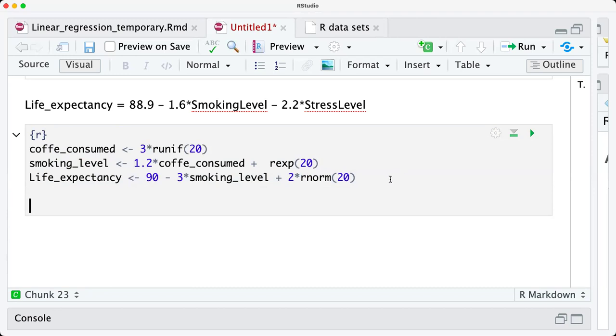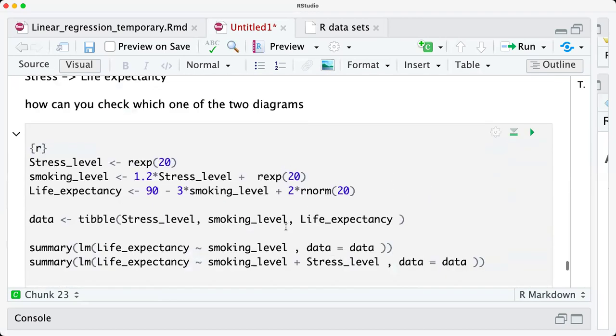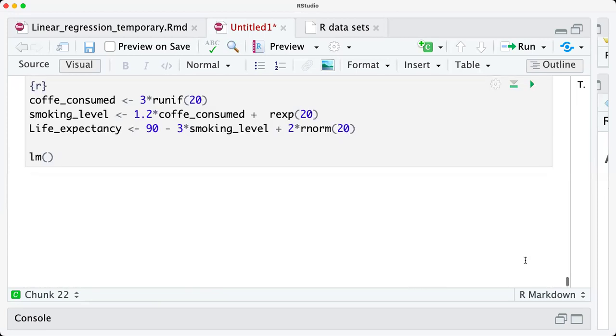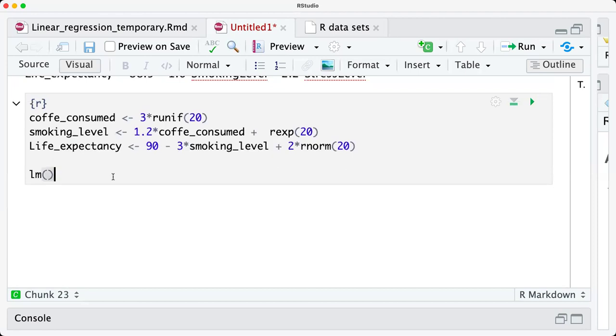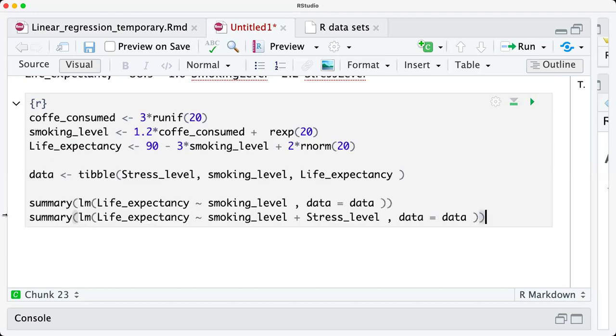And now I can still do this linear model on this data, and we can check which one of these two diagrams is true.